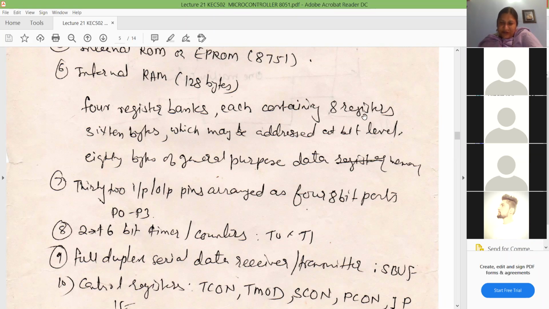That means it is having 32 locations as registers, out of which 16 bytes may be addressed at bit level. Bit level means, suppose R0 register is bit addressable, then R0 register contains 8 bits. So these 8 bits can be addressed as a single bit.